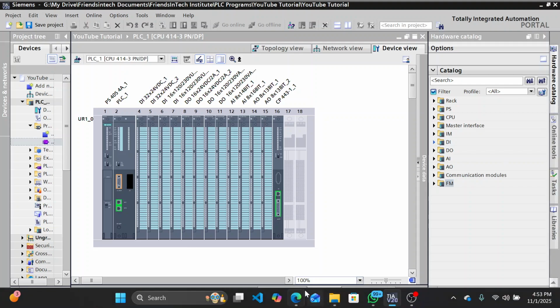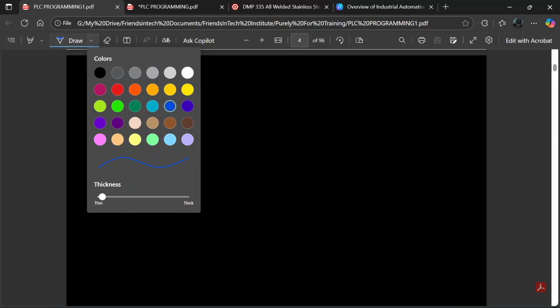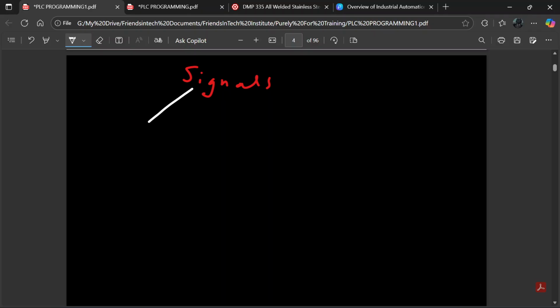So the first thing here, we have signals, okay? You know, in PLCs, we have analog and digital signals. So that's the first thing. So we can divide signals into, of course, I know you can divide into analog signals, digital signals, and discrete signals.